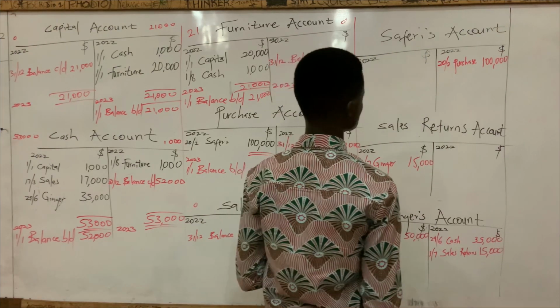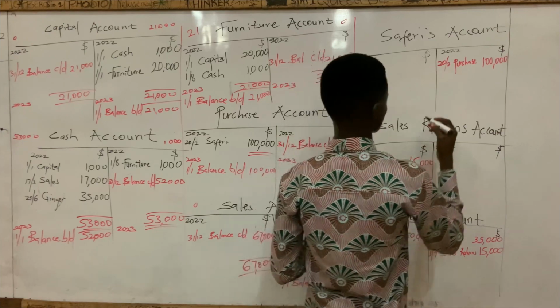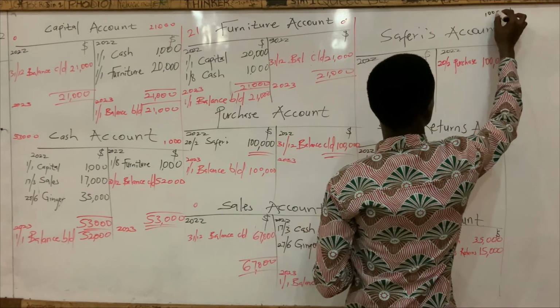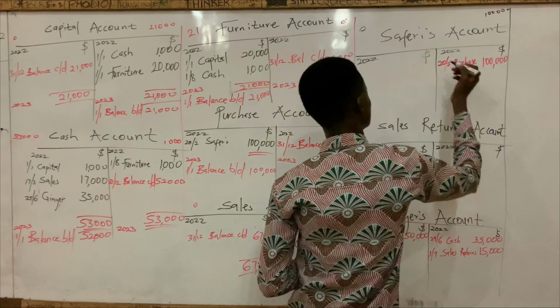On Safari's account too, the same thing will be applied here. $100,000 and 0.